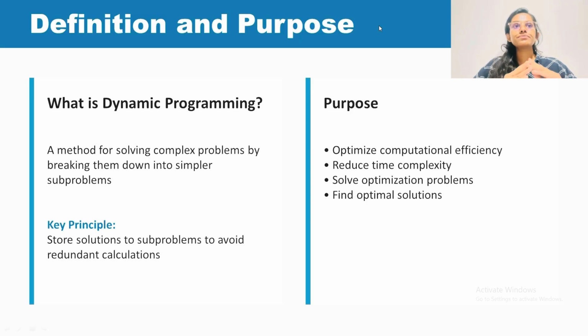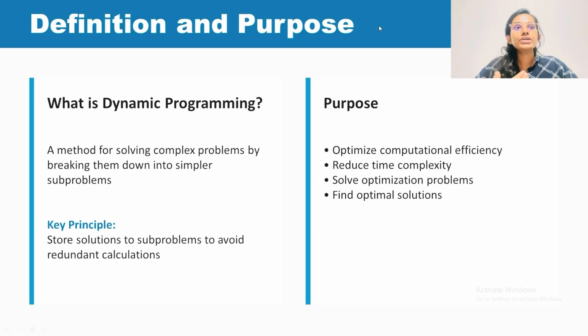Think of it as a built-in reference library. When we encounter a problem we have already solved, instead of doing all the work again, we simply look up the answer we computed earlier. This simple idea, remembering our previous work, is what transforms intractable problems into solvable ones.